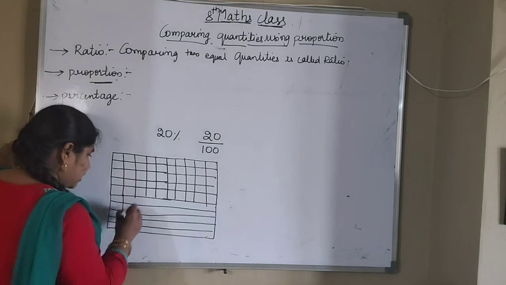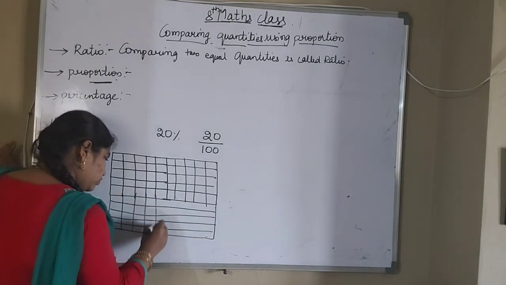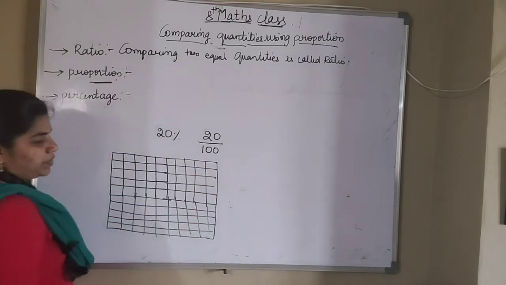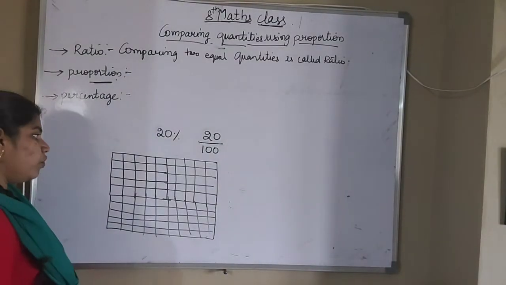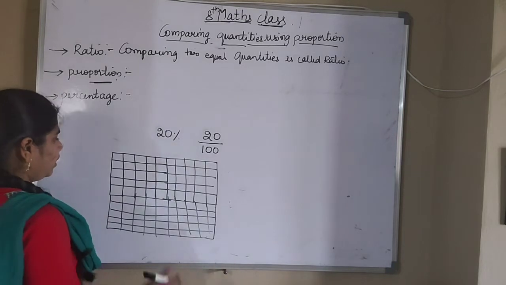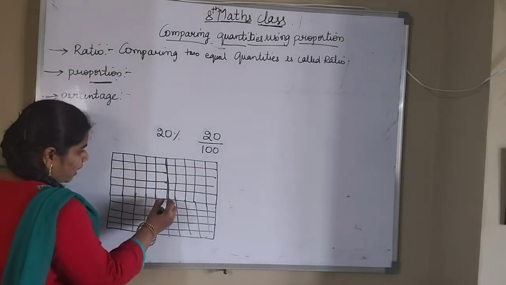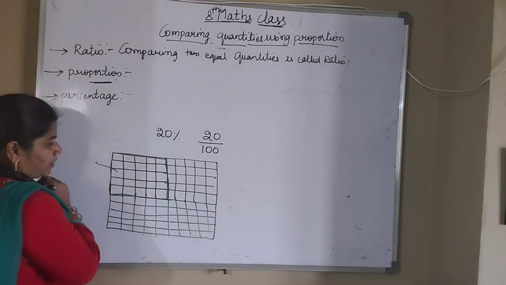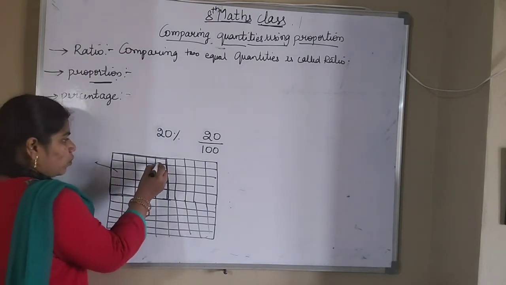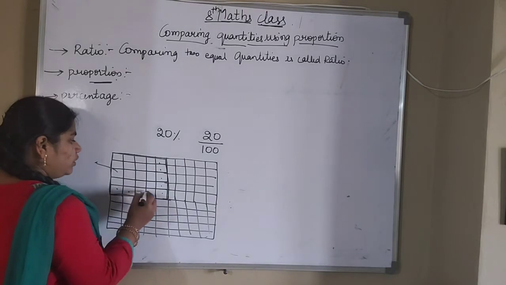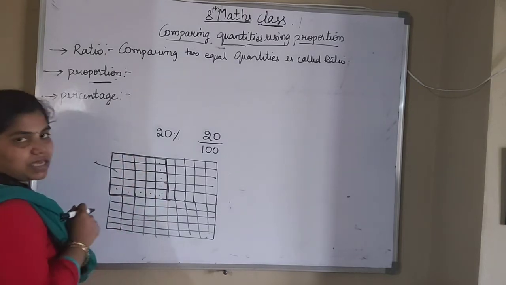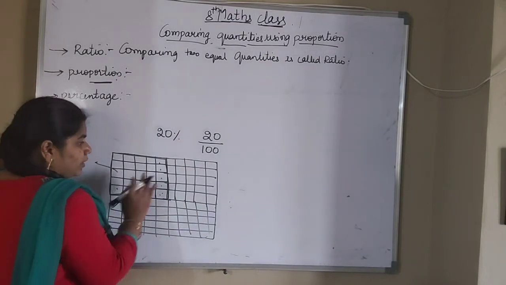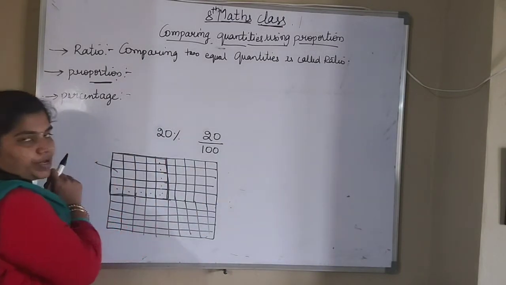I want to eat this part. How many pieces are there? 1, 2, 3, 4, 5. That means a total of 25 pieces are there in this part. In total you have 100, but in that I want to take only 25 pieces.